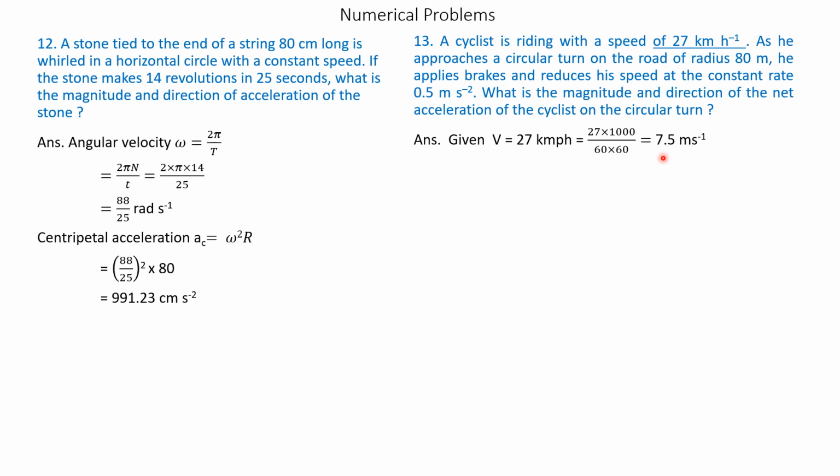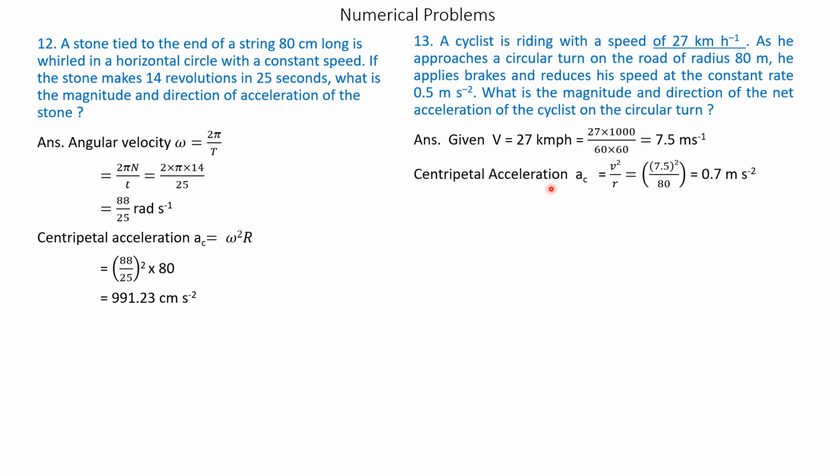The first 60 is for converting hour into minutes and the second for minutes into seconds. Simplifying, we get v is equal to 7.5 meters per second.